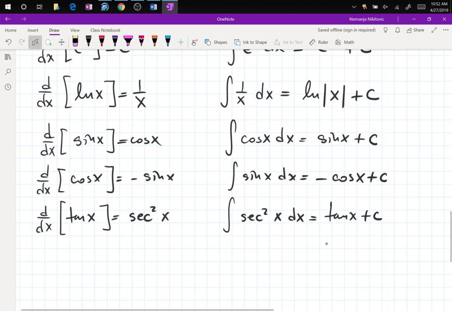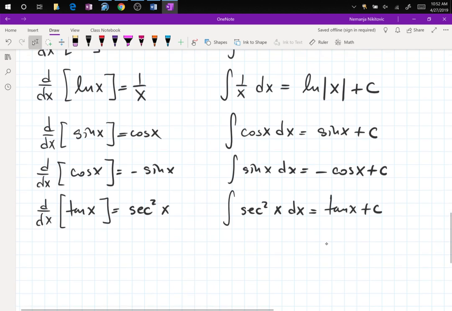Note that the integral of secant is not a basic function. You get to learn that one in Calc 2 actually. So the derivative and integral of sine and cosine are basic integrals.